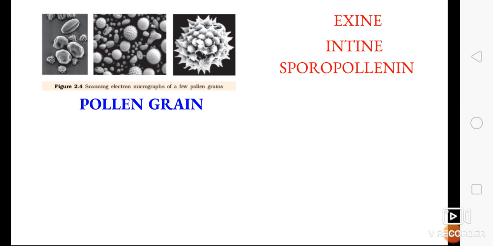So the pollen grains of many ancient plants are naturally preserved as fossils due to the presence of sporopollenin as a cover on the pollen grain.